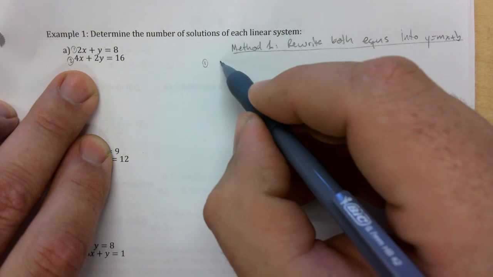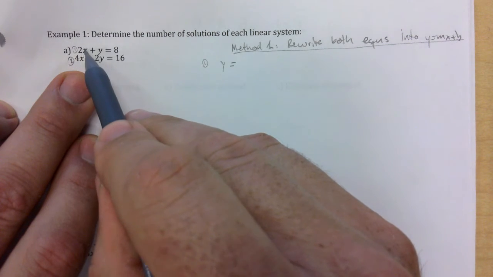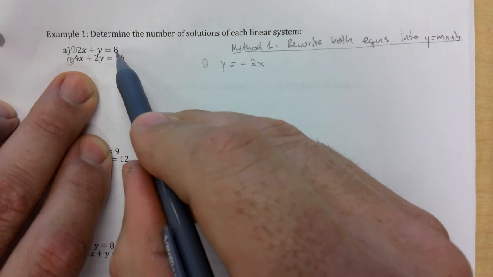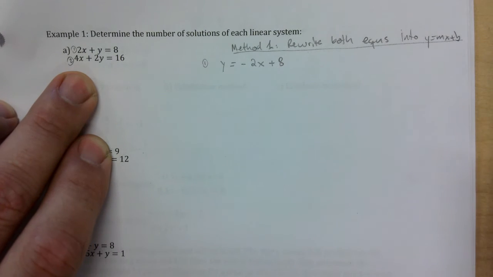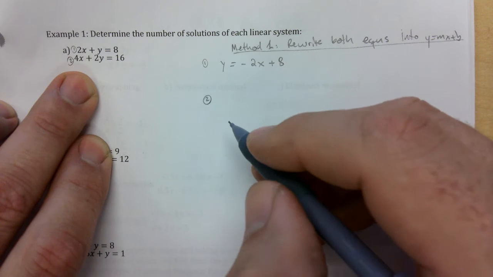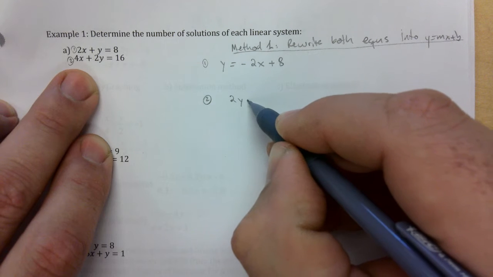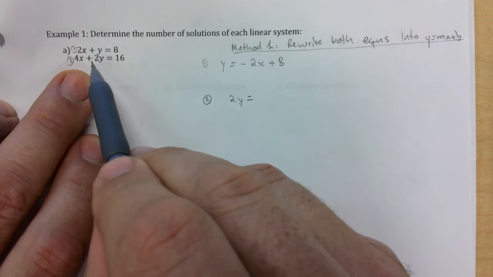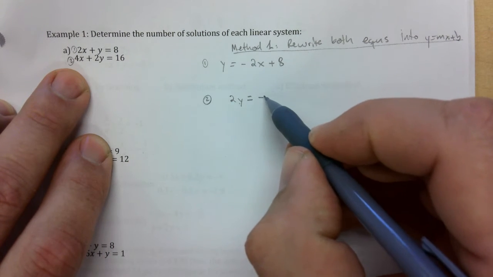So the first one, I will start with y is equal to, the 2x comes over subtracting, so it's negative 2x, and the 8 is already on the right side, so we just keep the sign that it has. And for the second one, I will just say 2y is equal to, the 2y stays on the left side, keep the sign, it happens to be positive. 4x will come over subtracting.